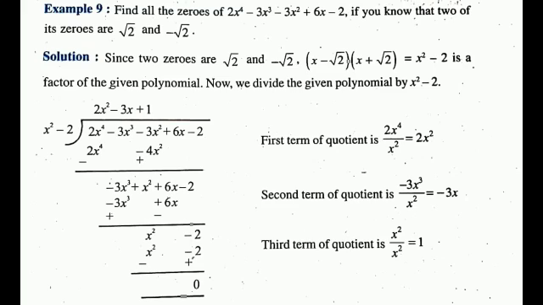The second term of the quotient is minus 3x. Once it is simplified, we are left with x square minus 2. And the third term of the quotient is 1. And since x square minus 2 was a factor of the given polynomial, the remainder is 0.